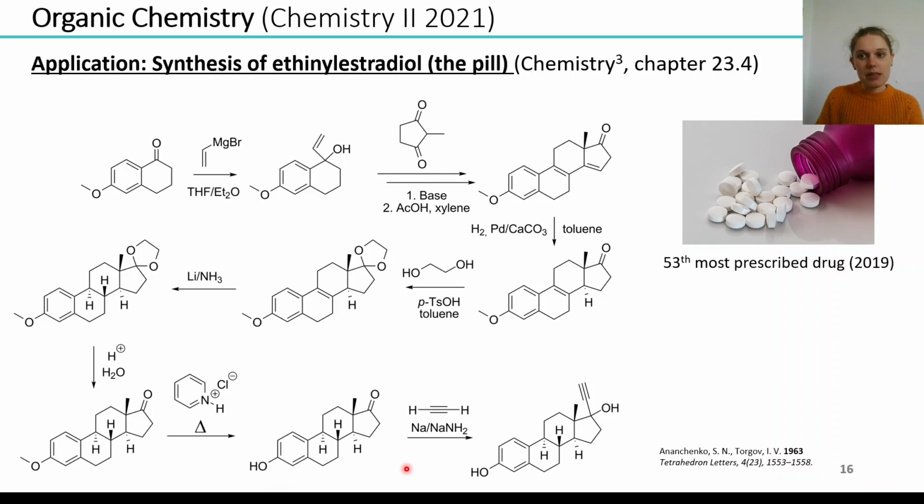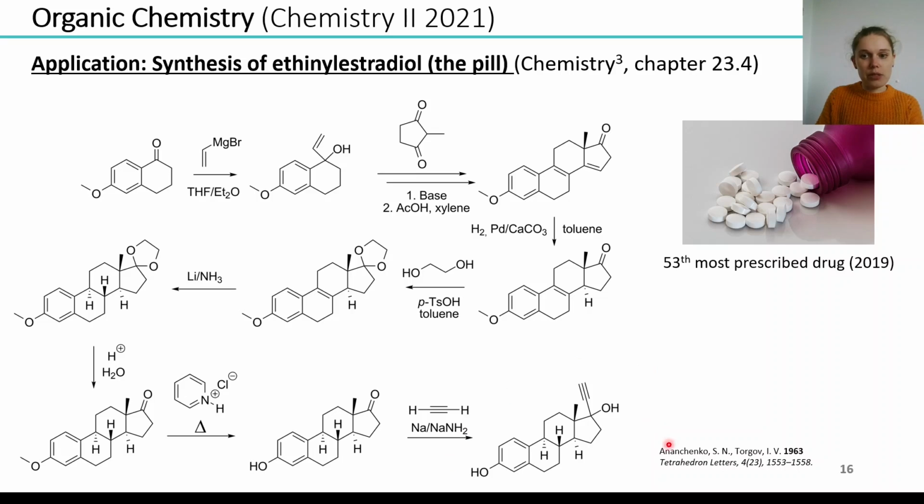The last step is another nucleophilic addition reaction at the carbonyl group. Here you can see that we now use an alkyne molecule as nucleophile, which will attack the carbon of the carbonyl group. And hereby a new carbon-carbon bond is formed and the alkyne component is introduced into the molecule. Moreover, we can also see that a tertiary alcohol is formed.